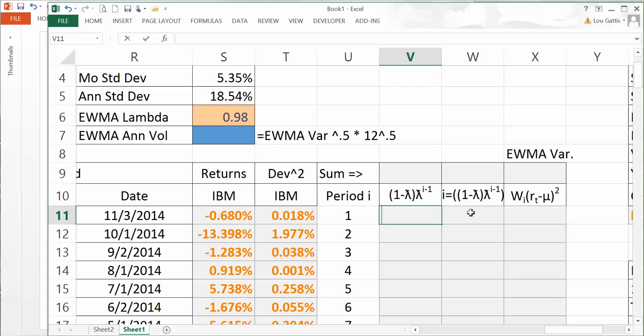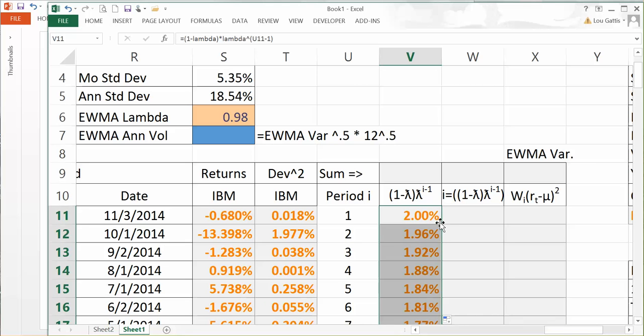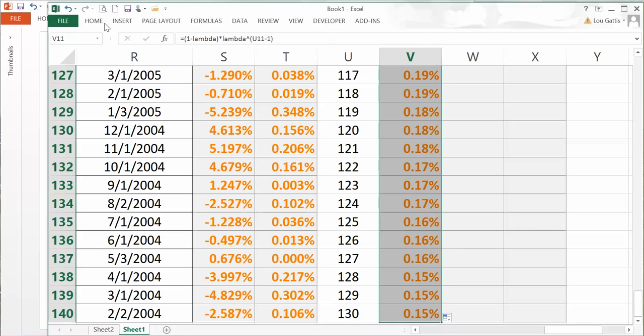And let me just plug in my formula. This period is my i. 1 minus lambda times lambda to the i, which is this period here, minus 1. And I get 2%. I'll copy that down. So these are a set of weights, and if I were to graph these weights, what you'd notice is they go down.